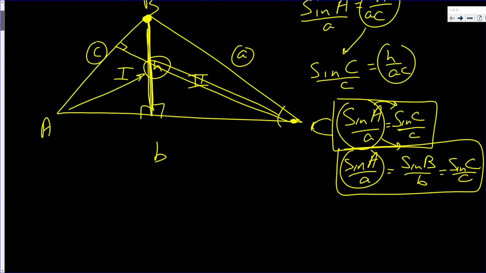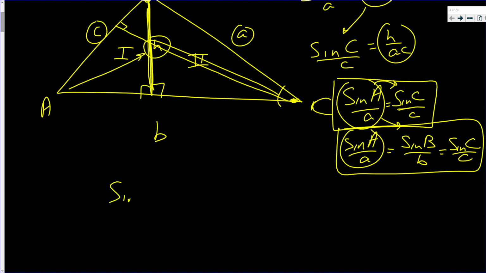Now, if you have an equation like sine A over A equals sine B over B, and you know three of these four, you can find the fourth one. You can solve for it.